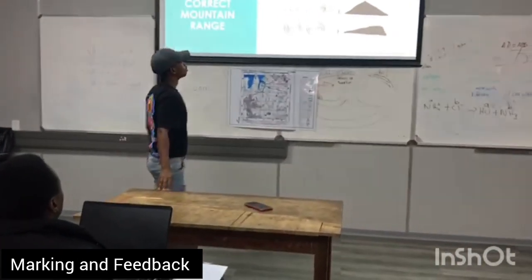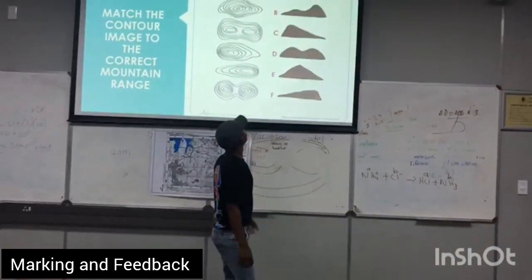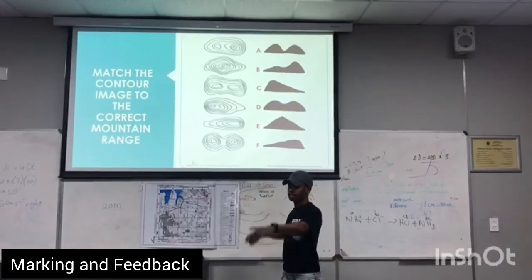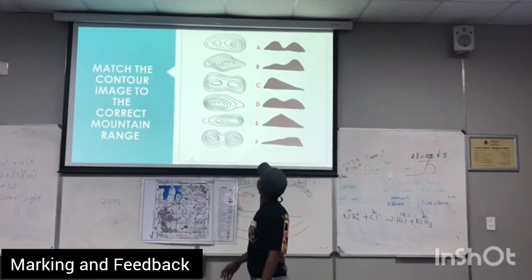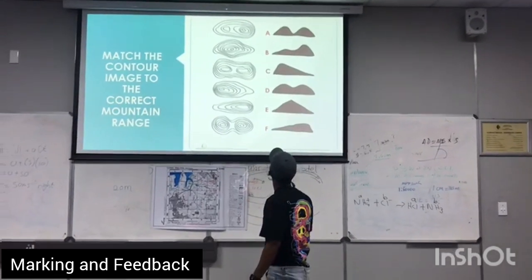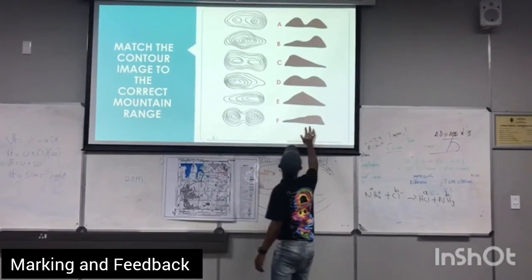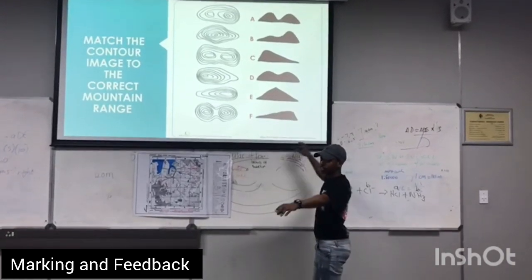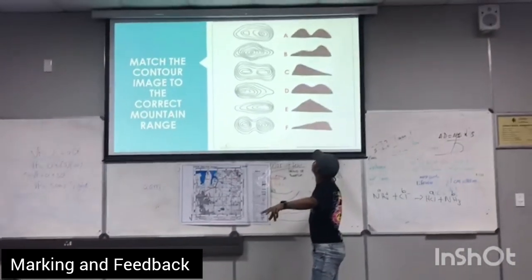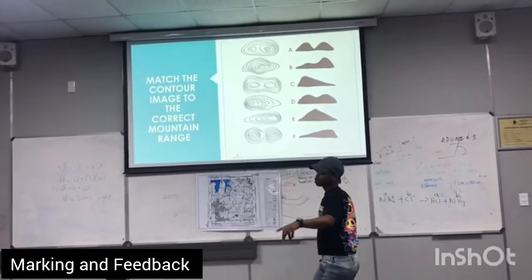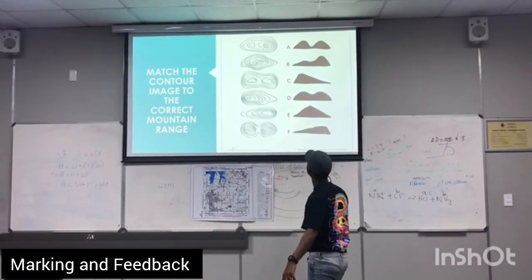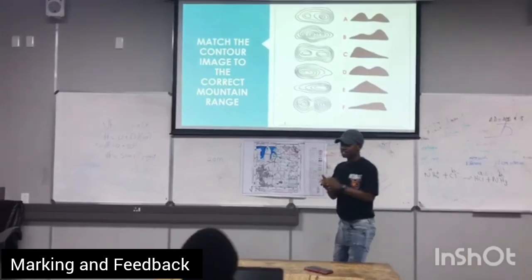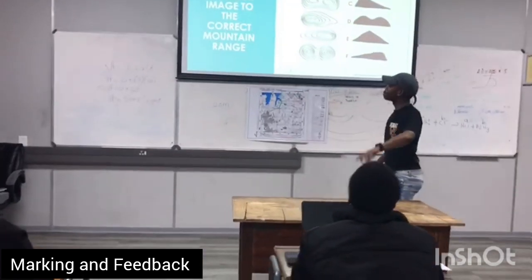Okay guys, I believe that you are done with the activity now. Yes, sir. Okay. Number one. Yes. Number 1, it is B. Nice, that's correct. Let us give her a round of applause. Nice. Number 2. It's E. E, that is correct. Number 3.